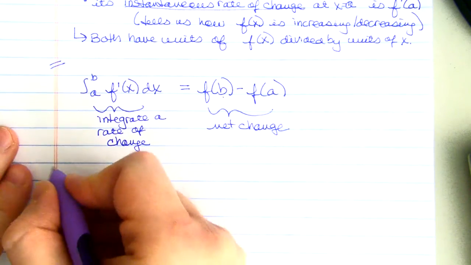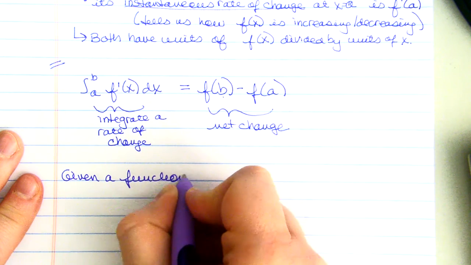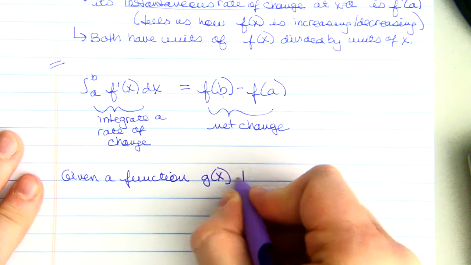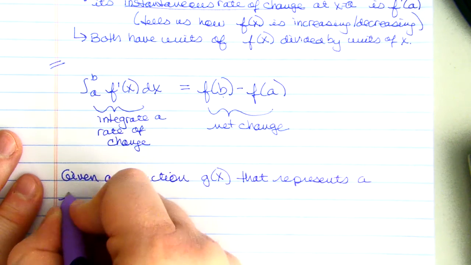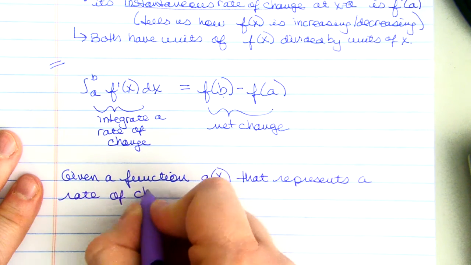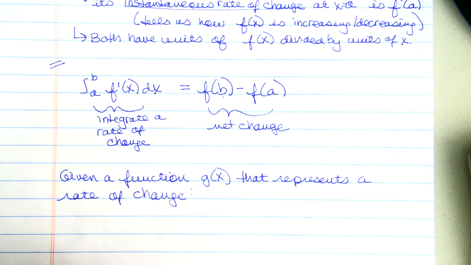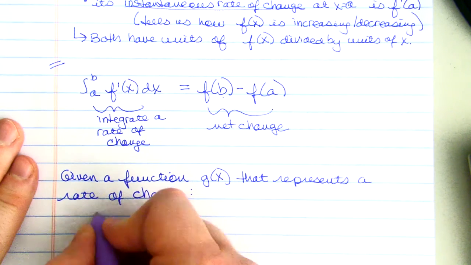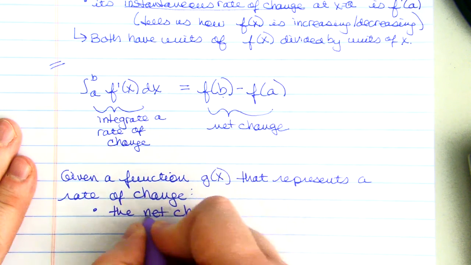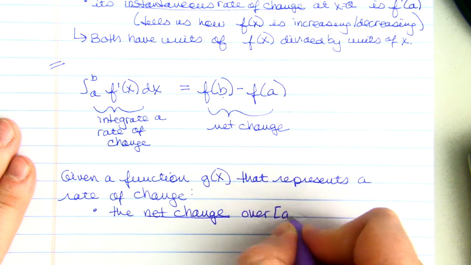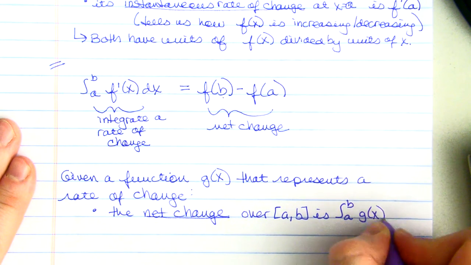Let me write this down. Given a function g of x that already represents a rate of change, kind of like number 2 on that worksheet where I gave you the rate that oil was leaving the tank, the net change over the interval from a to b is the integral from a to b of g of x dx.